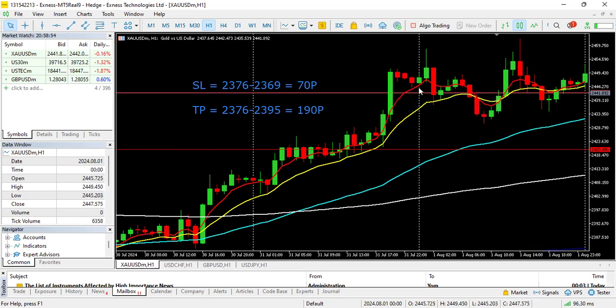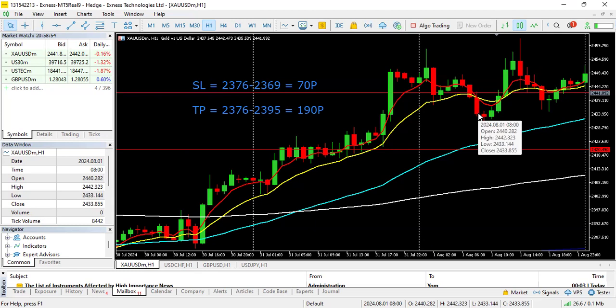Remember that our red moving average is the 5 EMA, and the yellow one is the 13 EMA. Now there was a first candle close on 1 hour into your 13 EMA, and then there was a second candle close into your 13 EMA. This shows that the market is about to reverse. Trust me, it works like magic. That means that a sell trend is about to start.